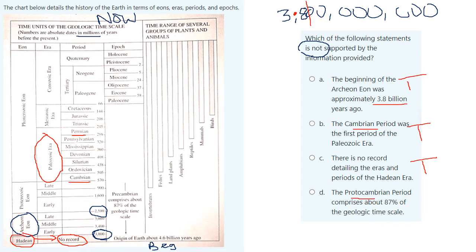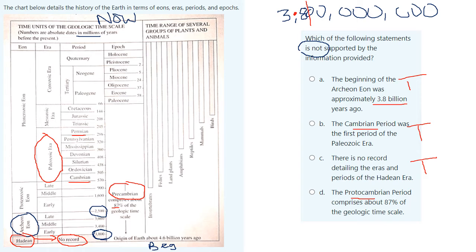The Proto-Cambrian period is about 87% of the geological timescale. Well, we have Precambrian is about 87% of the geological timescale.